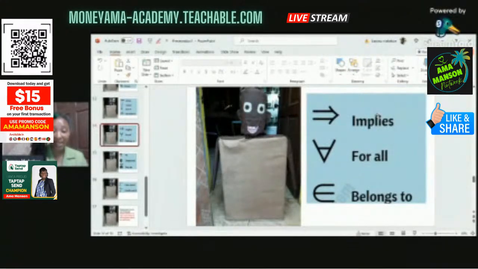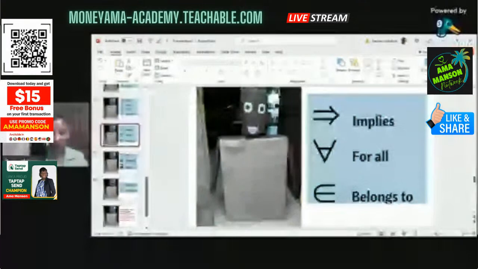When you do it like that, your examiner or your teacher can see that you are reasoning out in your head the logical steps towards solving the problem.